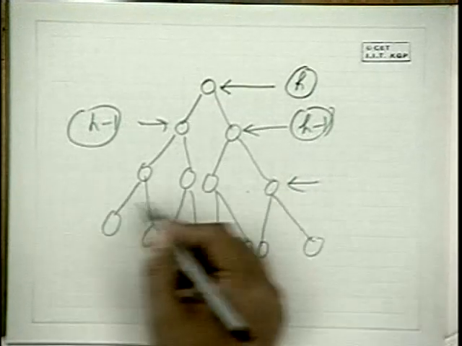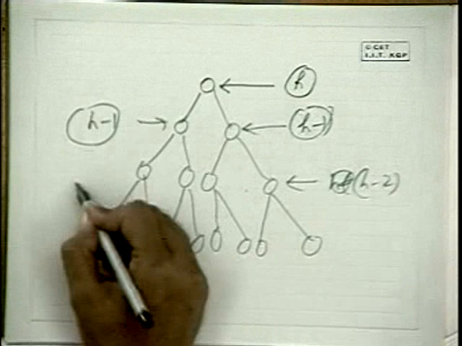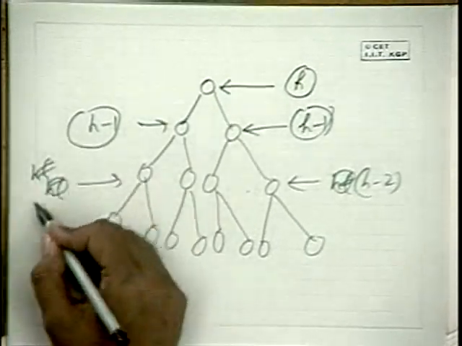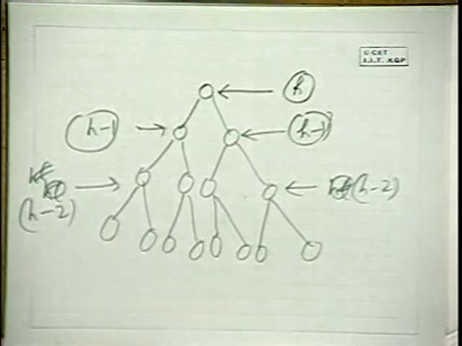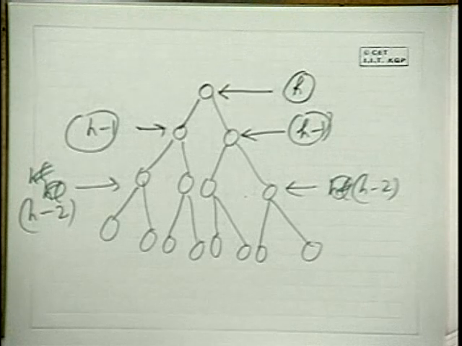There are 4 nodes, but each one had a height of h minus 2. So you get the point now. We had 2 to the power i nodes, and they had to go through the height of h minus i.